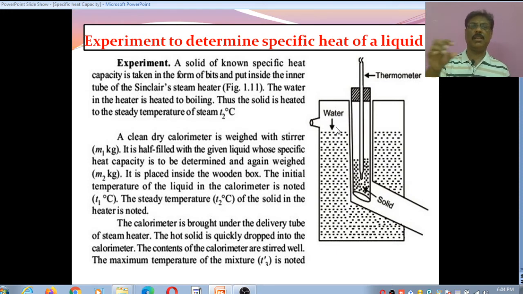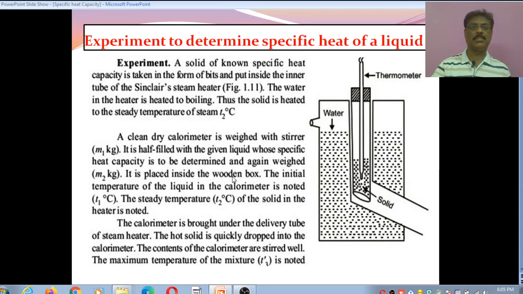After filling the liquid, you again measure the mass of the calorimeter with the given liquid, let it be M2. So M1 is the mass of the calorimeter with the stirrer. M2 is the mass of the calorimeter, stirrer plus the given liquid.